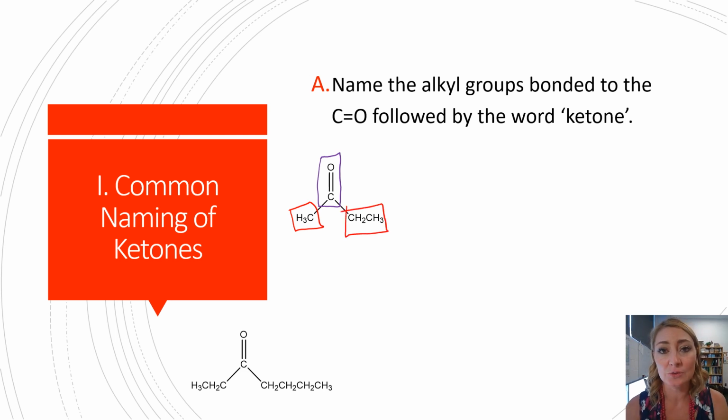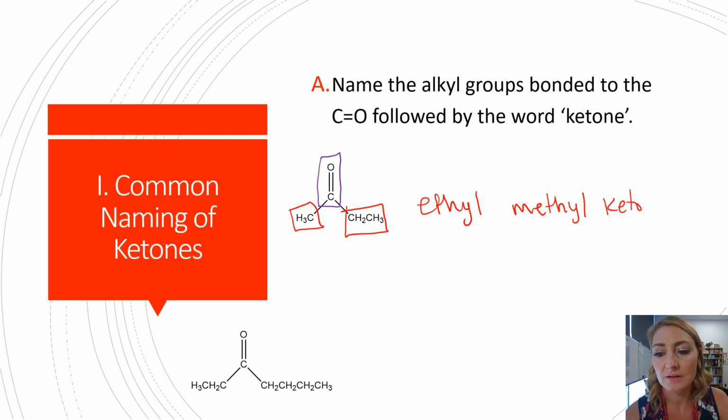Notice that I'm not including the carbon of the carbonyl. You're counting these as alkyl groups that are coming off as branches to the carbonyl. So here I have an ethyl group and I have a methyl group. So I'm going to alphabetize those just like I always have. So the common name for this would be ethyl, and I'm giving a space. These are three separate words, methyl, and the word ketone.